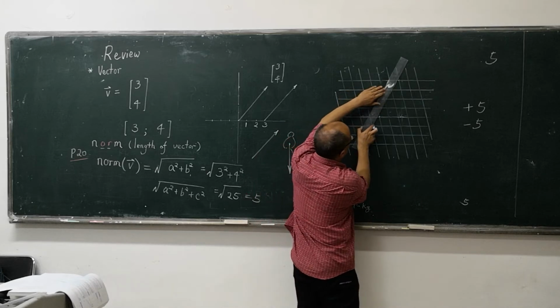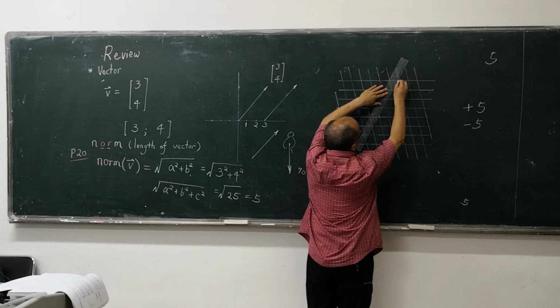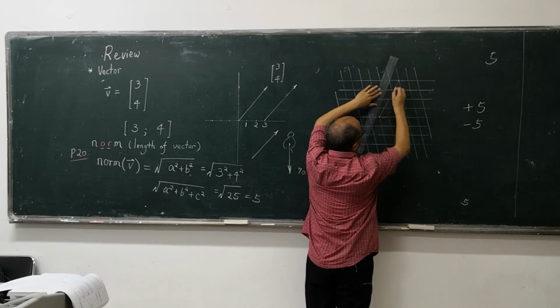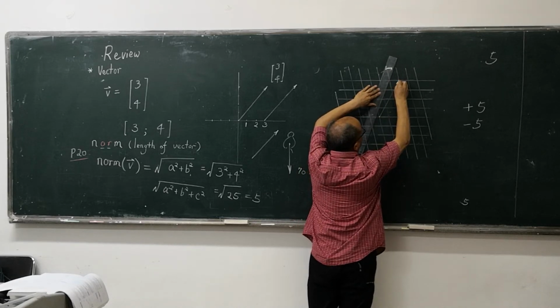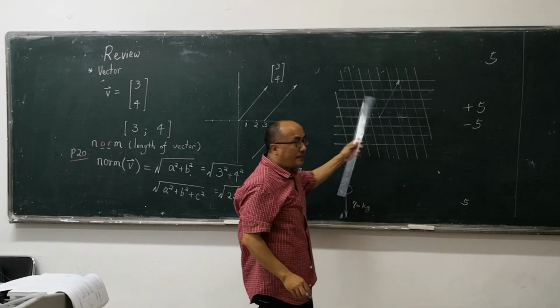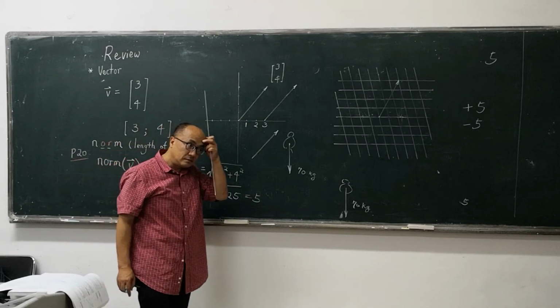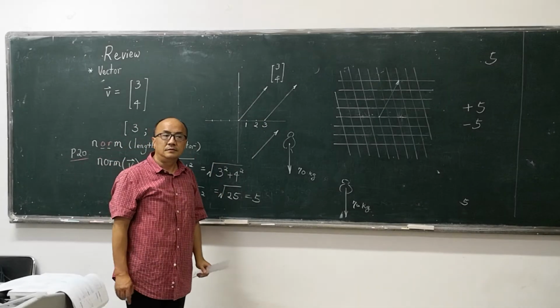So this vector and this vector, 3, 4, this is this vector. Cool.